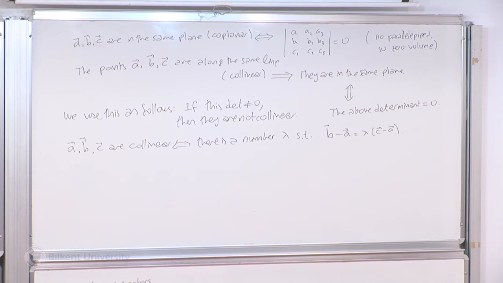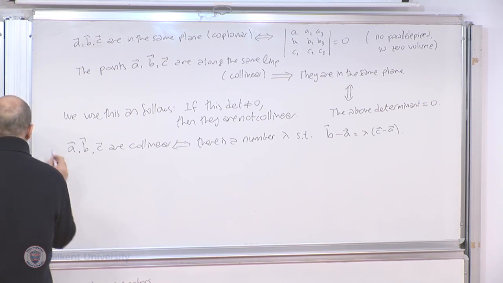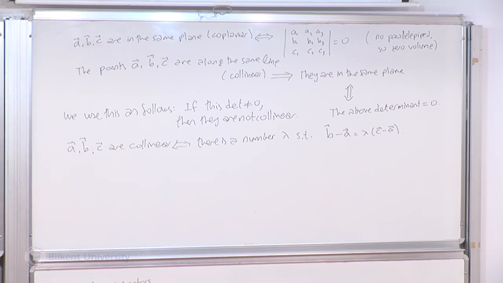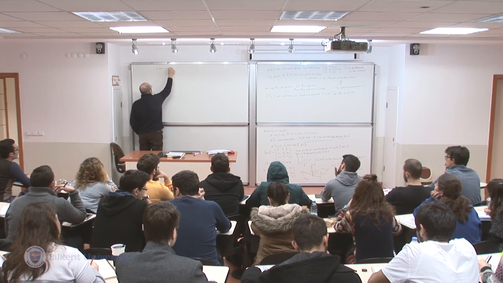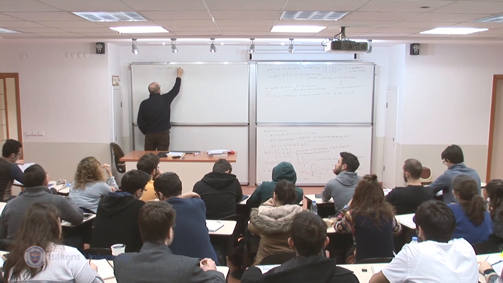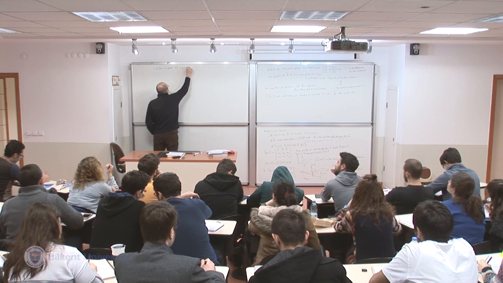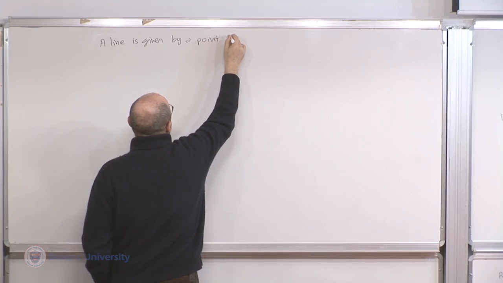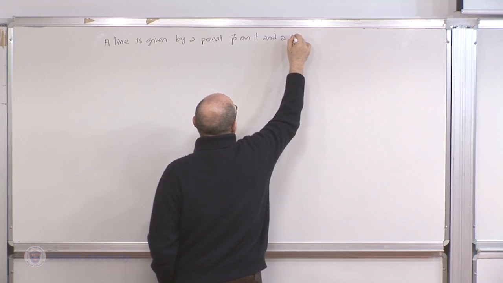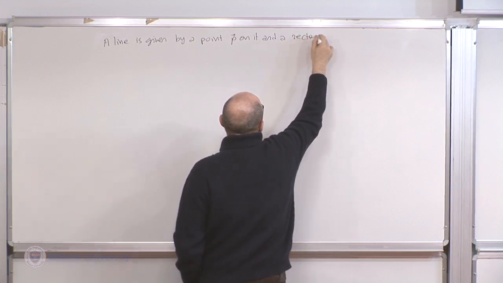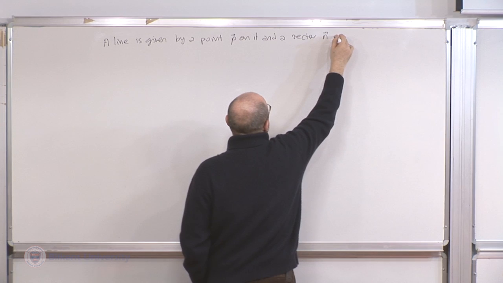Then we have lines, so maybe let me do it over here. A line is given by a point on it, point P, and a vector N parallel to it.